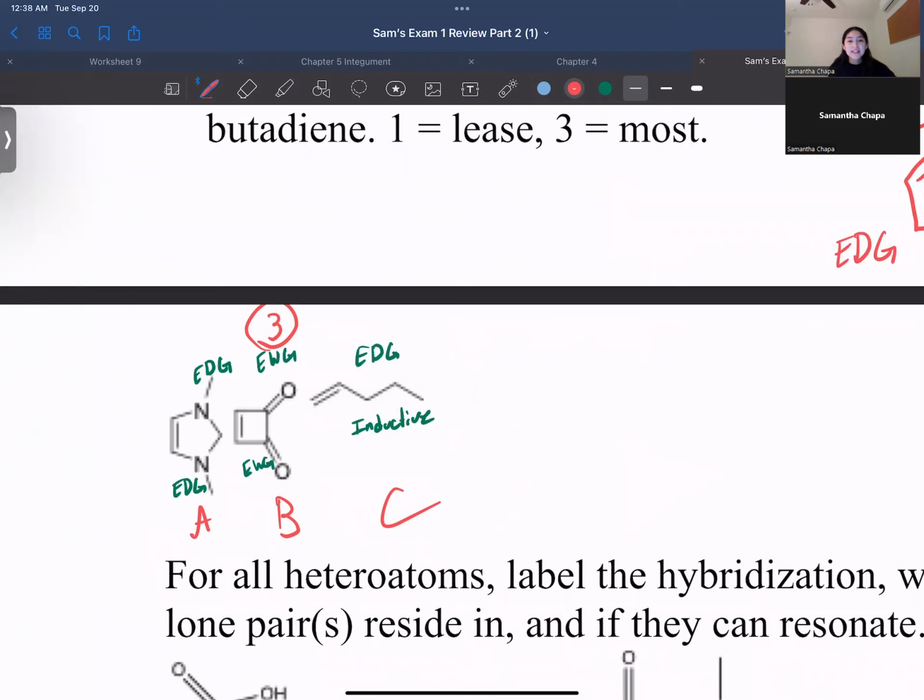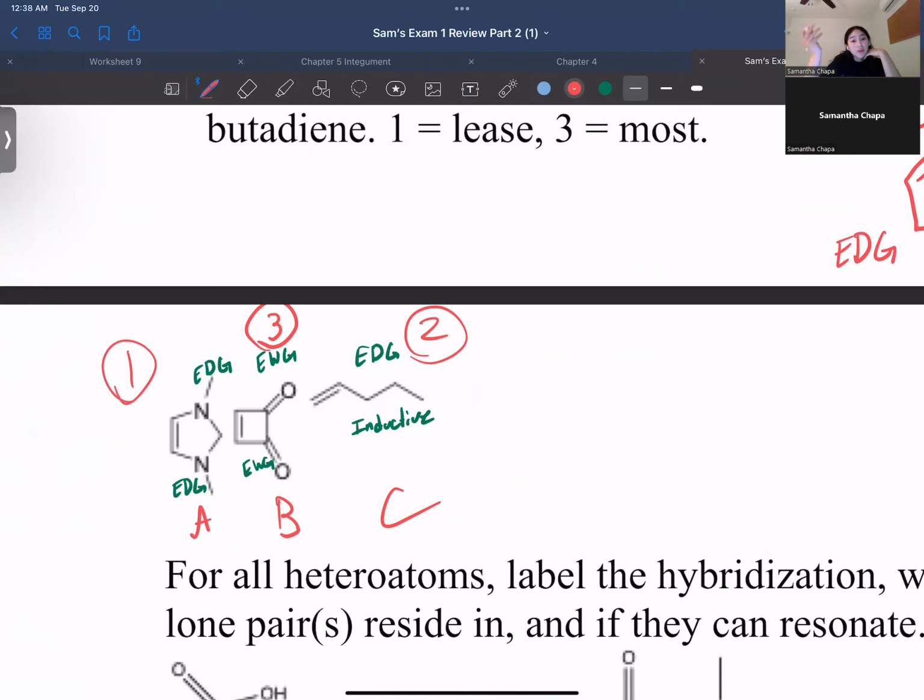Okay, so between A and C, which one would we label number 2? Which would react faster than the other? I would say that C would react as number 2. And that one would have the least reaction. This one confused me at first, but then you think about it.